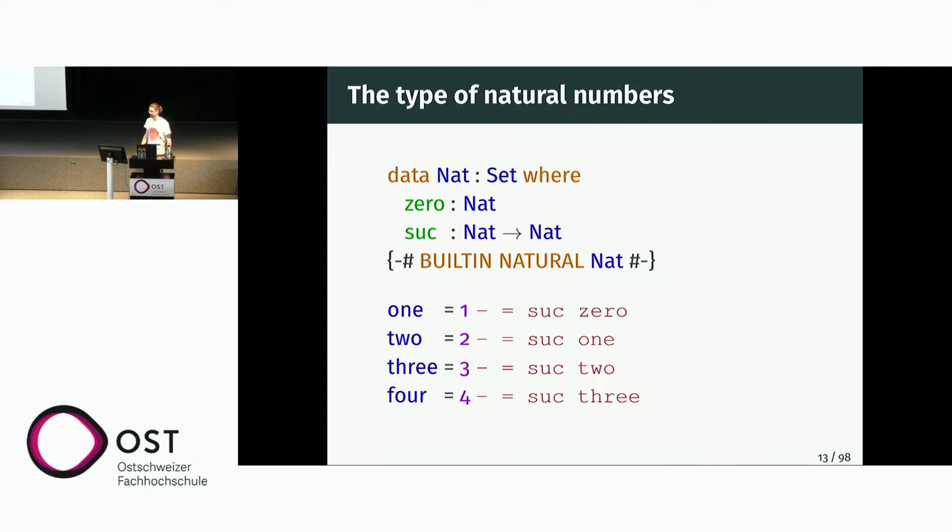Agda does have some built-in support for natural numbers, so you can use this BUILTIN NATURAL pragma to say this is my type of natural numbers, and then Agda allows you to write the decimal syntax for it, rather than using the zero and successor constructors.